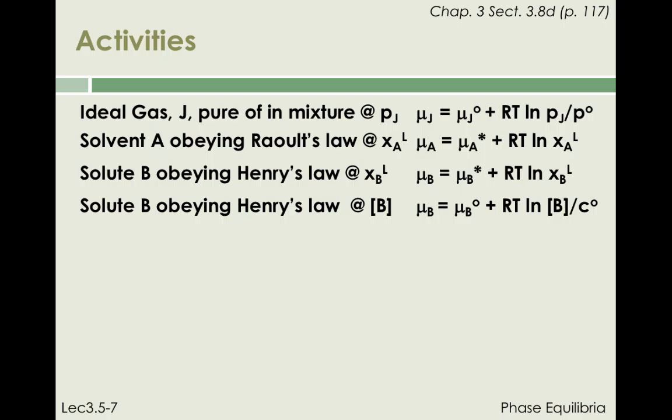Alternatively, using Henry's law with molarities, the chemical potential of a solute B in solution is equal to the standard chemical potential of B plus RT times the natural log of the molarity term.